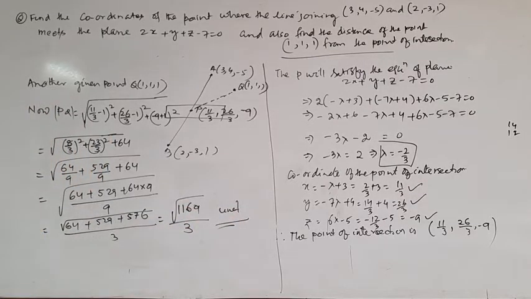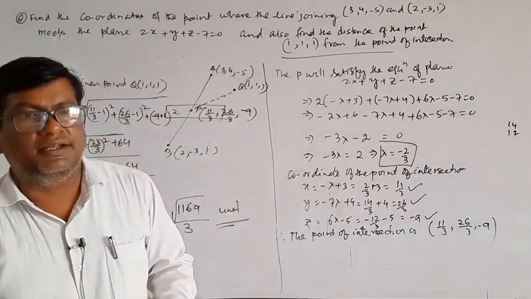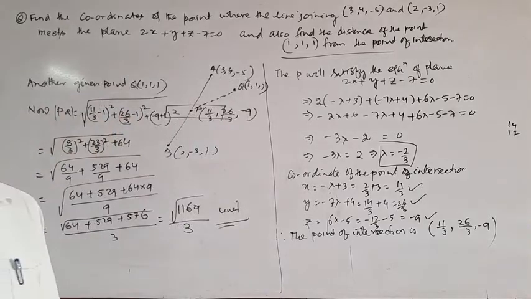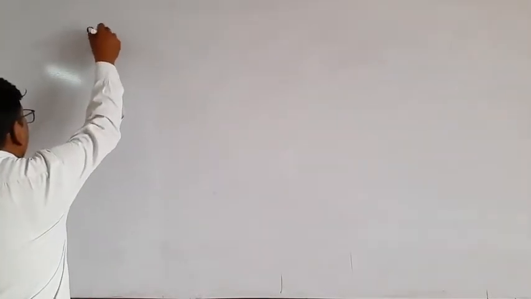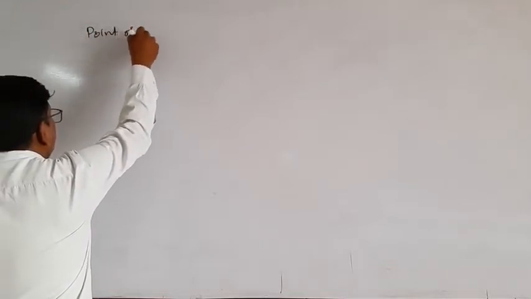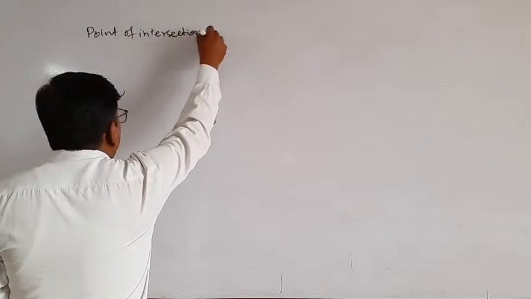Now, how to find the image of the point with respect to a plane? Now, the point of intersection of two lines.